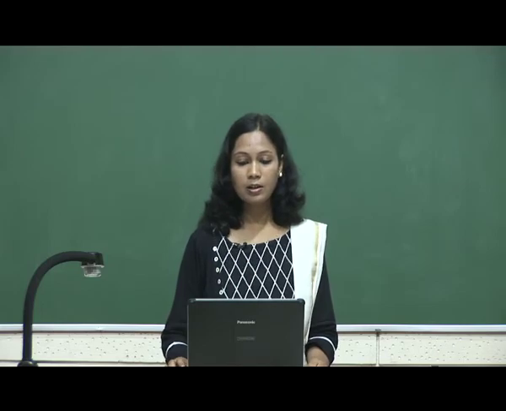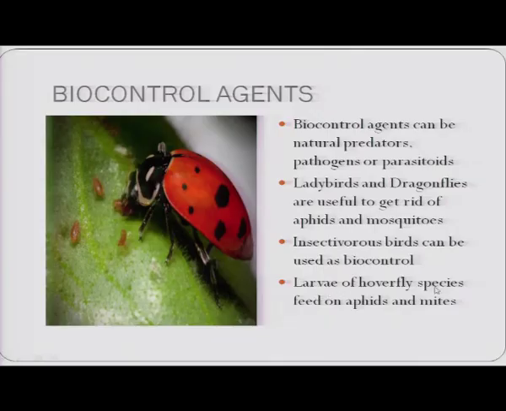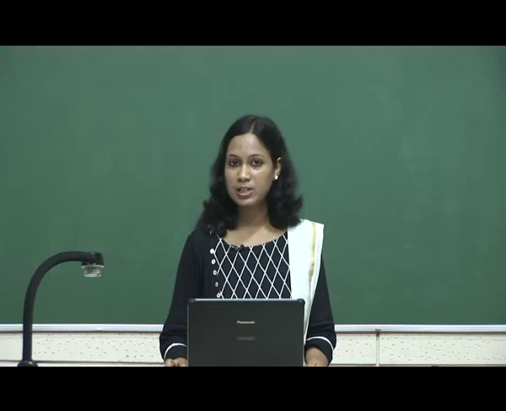Then there are certain larvae of hoverfly species which feed entirely on aphids and mites. Again they can also be encouraged to grow in the farm, so that the aphids and mites and other insects can be killed. Here I would like to mention that when we are using insecticides and pesticides, they are not very specific for any particular kind of insect.